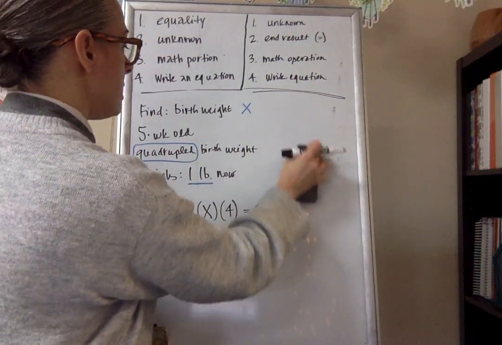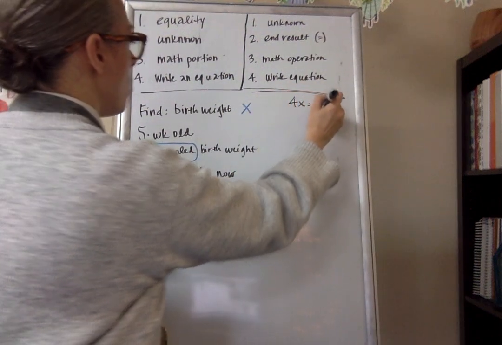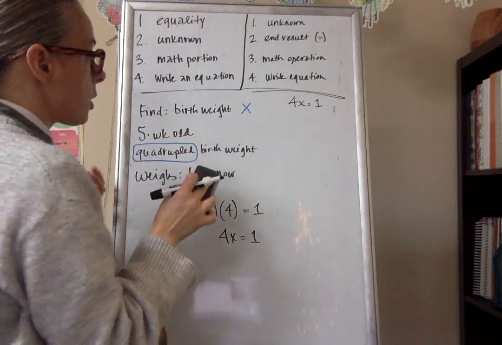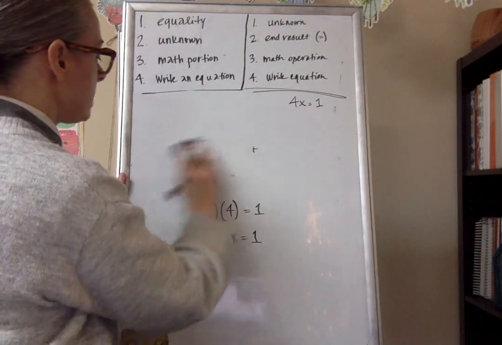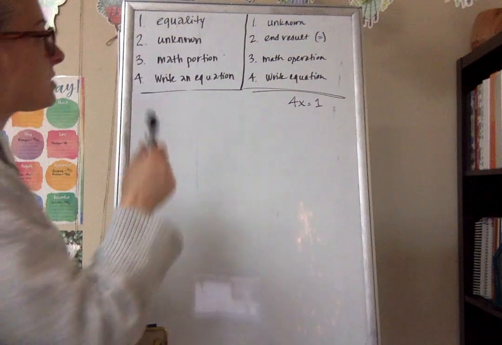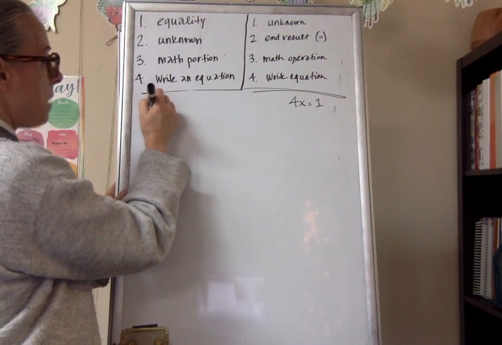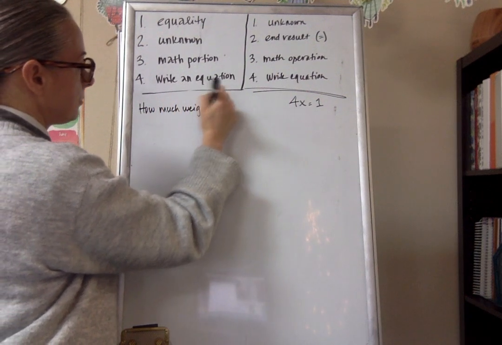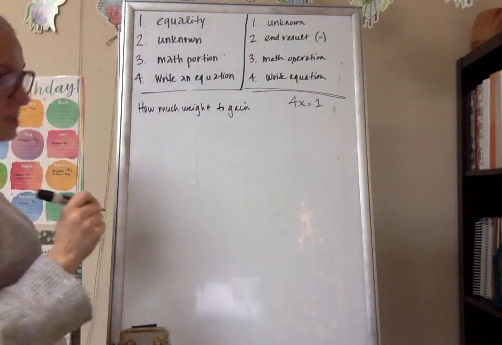We made our equation 4x equals 1 to show its birth weight, but we don't really need to know what it weighed at birth to figure out how much more weight it needs to gain. So we can get rid of all this information here, and we can say, what's the unknown? How much weight to gain, right?